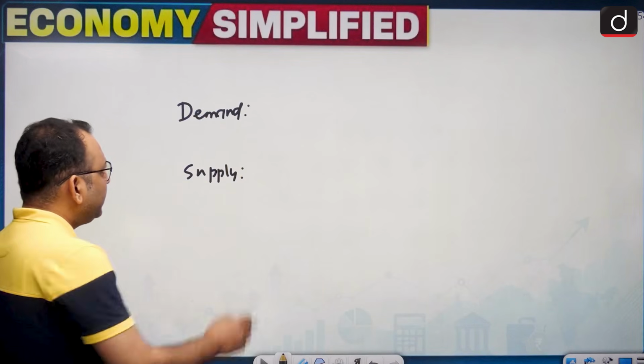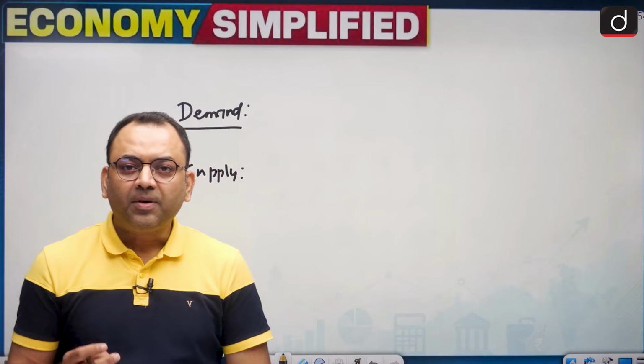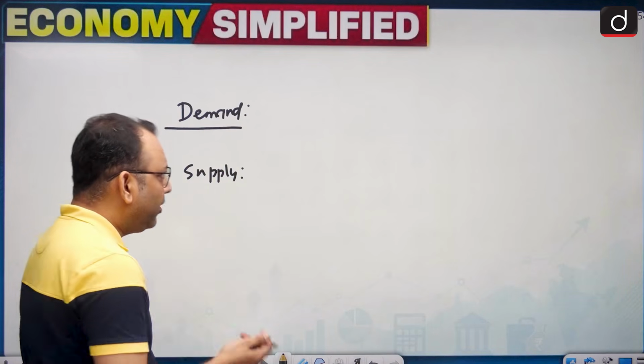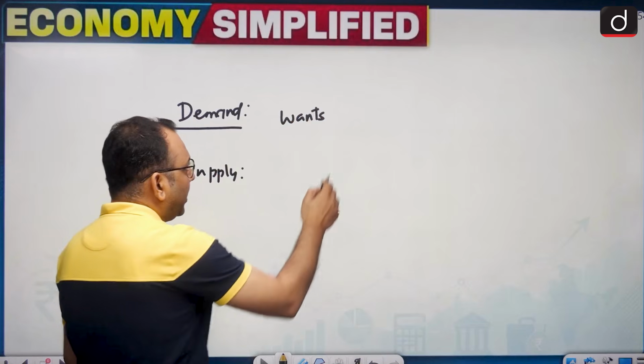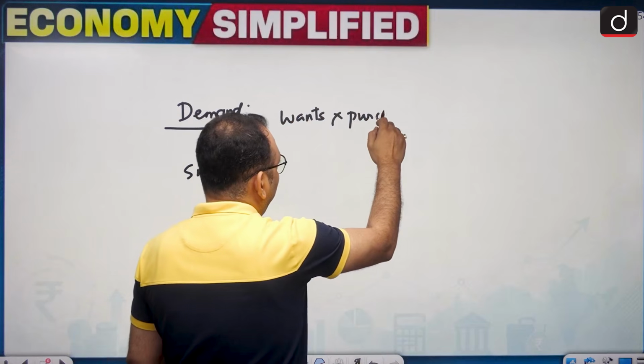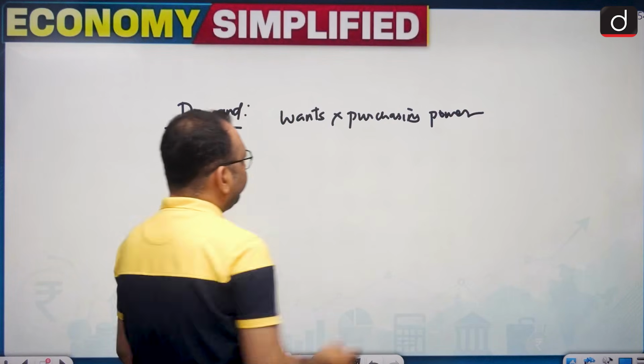What is a demand? Demand is actually not just what you want, but whether you have the purchasing power or not. So it's a kind of wants of the person and the purchasing power of the person for the same commodity.